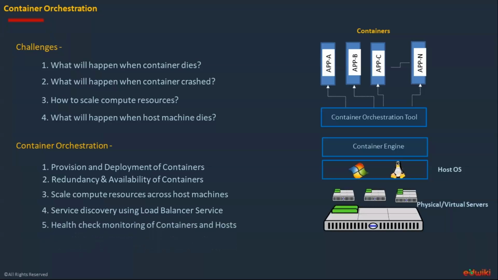And more importantly, the orchestration will help you to do the health checking as well. That means the orchestration engine can keep on checking the health status of a container. Let's say the container is not healthy, it will immediately go and restart it. Let's say your container is not healthy, your orchestration will stop the traffic to that container.